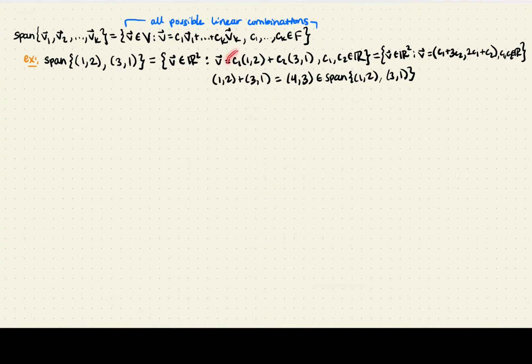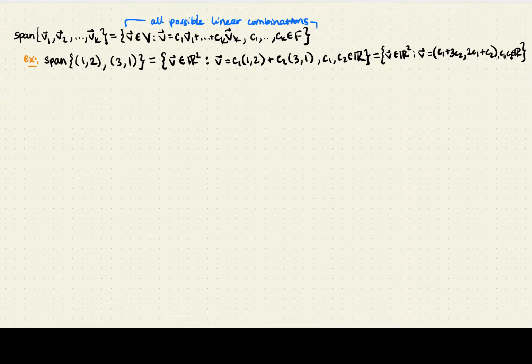Same thing if I had taken C1 to be 2 and C2 to be -5, I would get a vector by doing that linear combination, and that vector would also be in the span of those two vectors. I'm going to go ahead and delete this to give myself some more room.